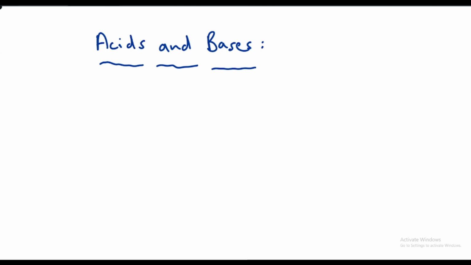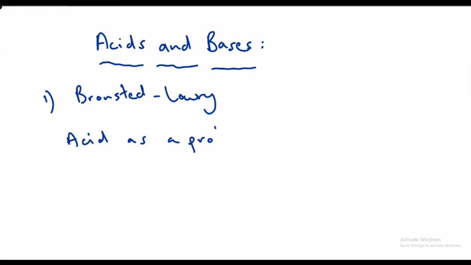So the first thing we need to do is understand what an acid and what a base actually are. And we will define them according to two sets of definitions. The first one being the Bronsted and Lowry definition, which were two Swedish chemists who defined an acid as a proton donor.